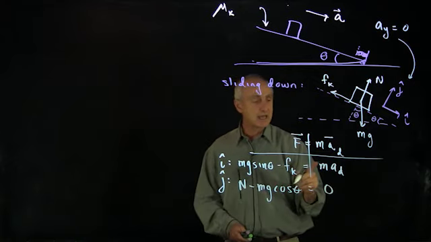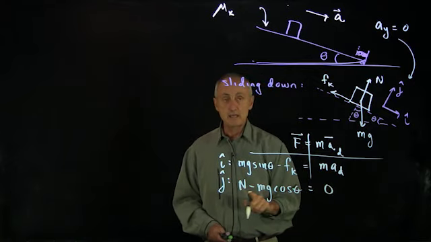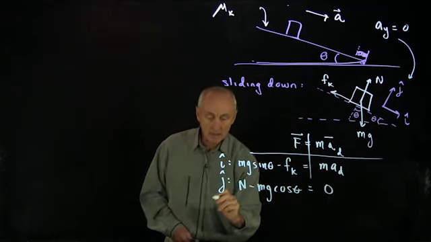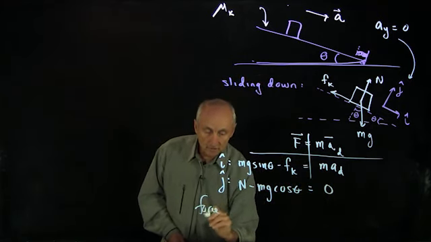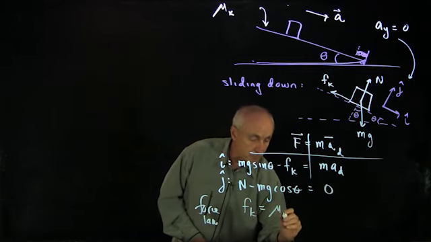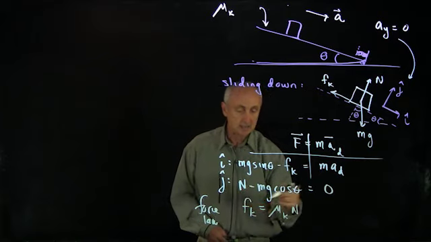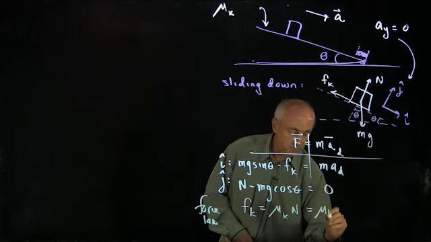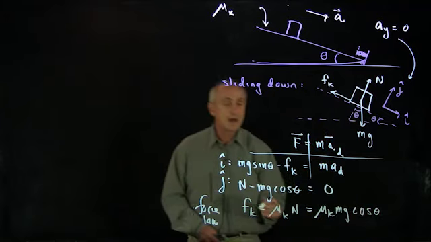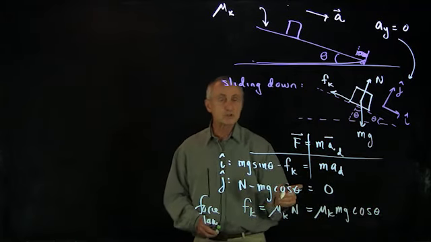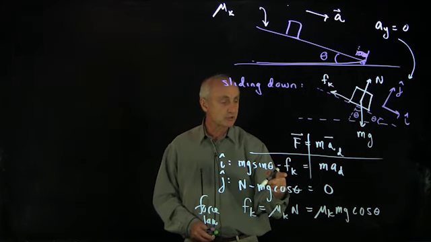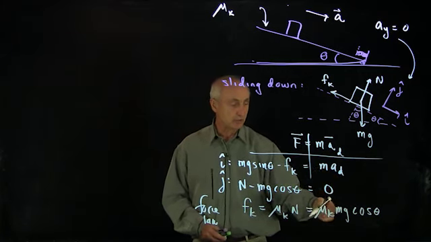Now I look at this and I see a, f, and n. And that's only 2 equations and 3 unknowns. But now I have a force law for my friction, which is that the kinetic friction is equal to a coefficient mu k N. And I can see from this equation that's mu k mg cosine theta. And now I'm in a position in which to substitute my friction into this equation and solve for the acceleration.